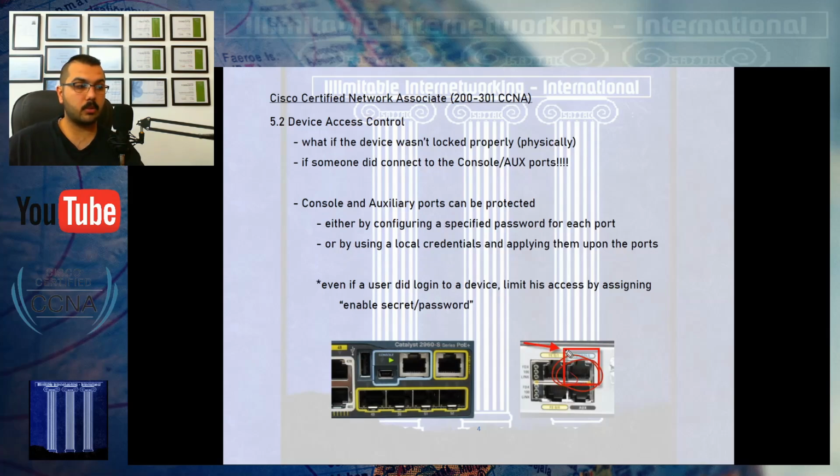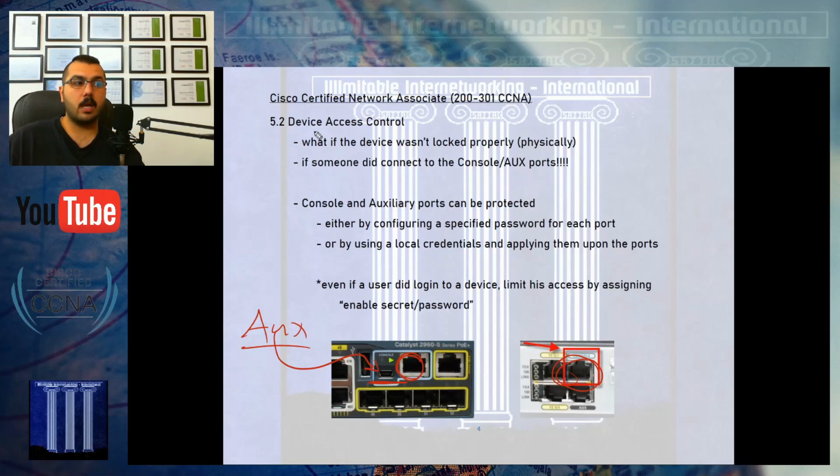I have talked a lot about console ports in chapter 1. This is also a console port. Some devices come also with an auxiliary port, not just the console port. This gives the same access permissions as a console port to whoever connects his laptop to this port.